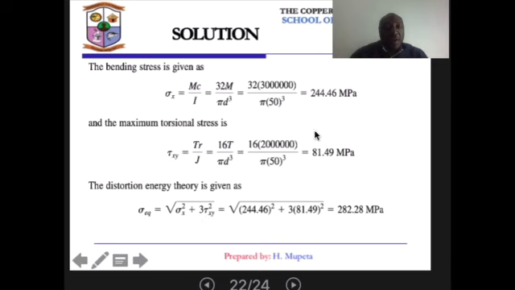So you put in the value for the bending stress, square it, plus 3 multiplied by the value for the maximum torsional stress squared, and after you find the answer, you take the square root of that answer, and you're going to get 282.28.